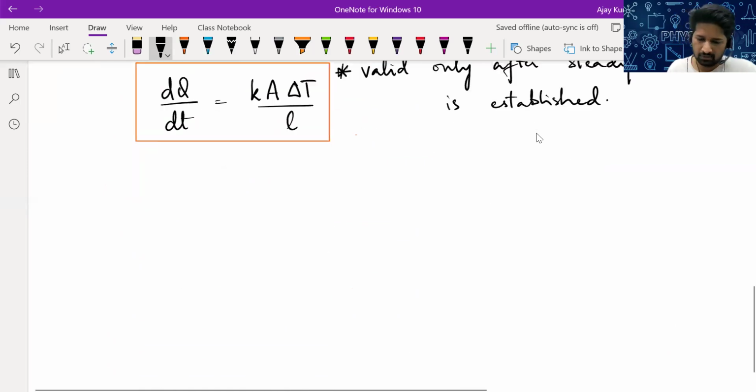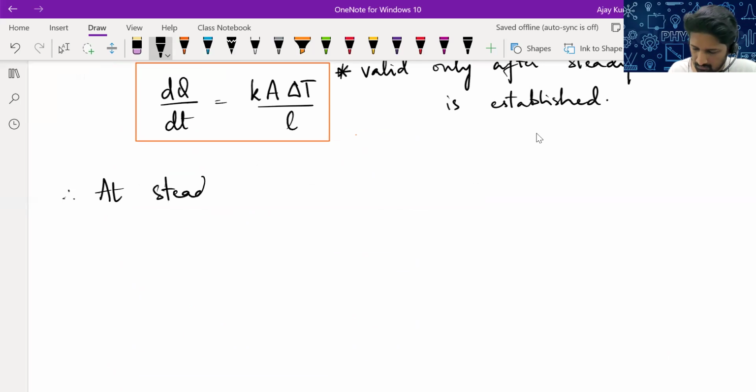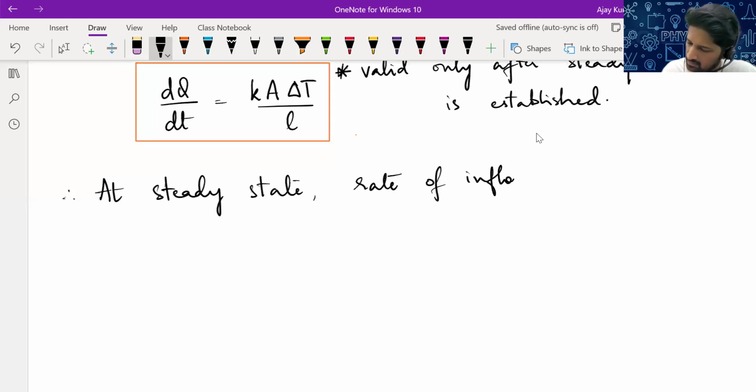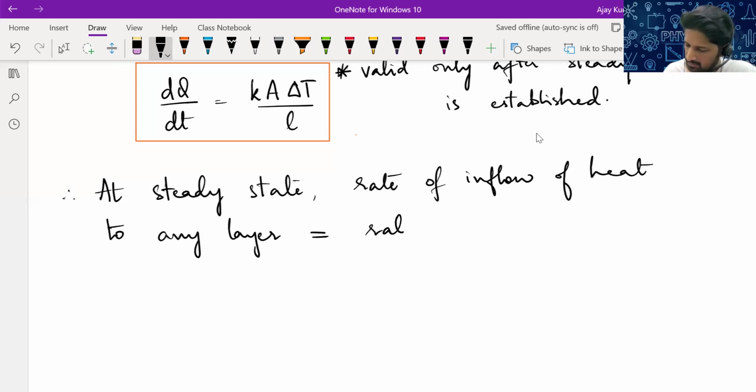Therefore, at steady state, rate of inflow of heat to any layer of molecules must be equal to rate of outflow of heat from that layer.